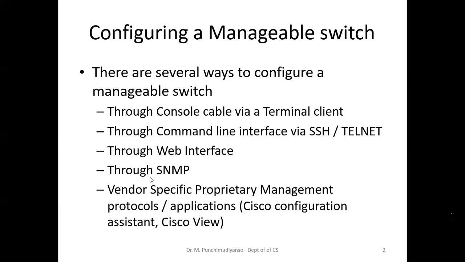The fourth option is through the Simple Network Management Protocol, which is supported by almost every modern switch being sold today. In a large network environment, you can't go to each and every switch and do the configuration, so through a network protocol, you can manage a switch using central software. The final option is vendor specific management protocols and applications.